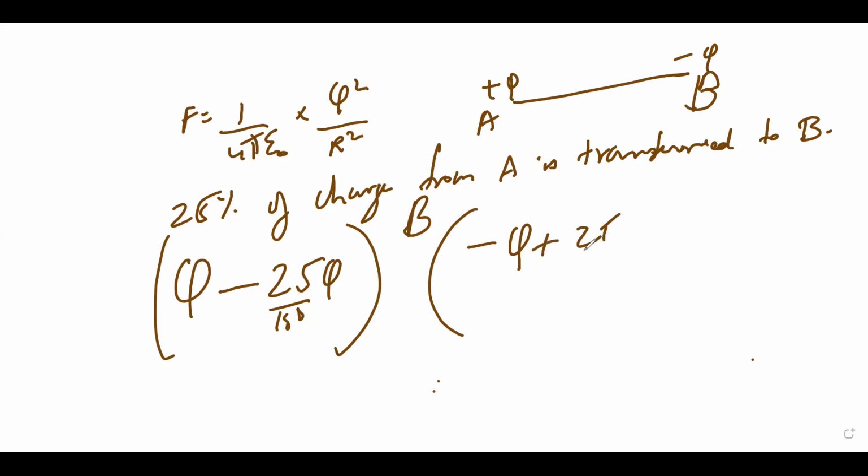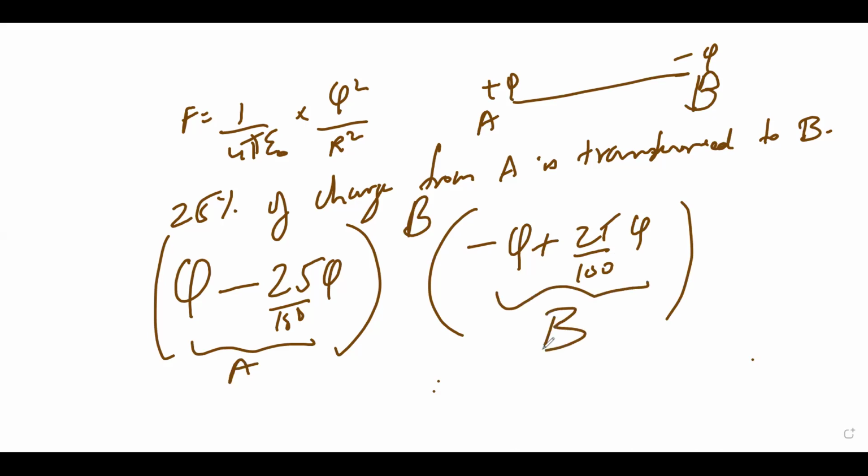B will gain 25 percentage of the charge transferred from A. Correct? So from A it is going 25 percentage, B is getting 25 percentage. So this will become my new Q1 and Q2 respectively.